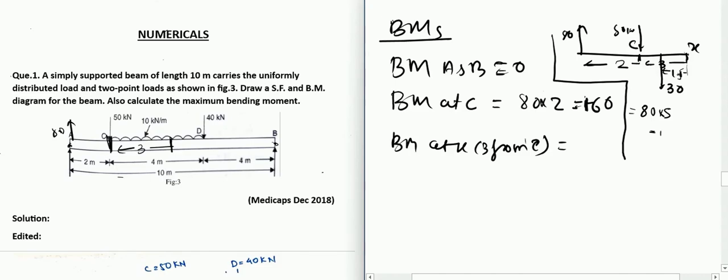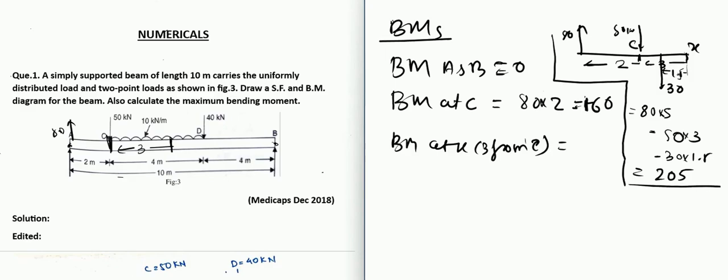That is why it is negative. And also we have a 30 into 1.5 in the anti-clockwise direction. That comes out to be 205. You can verify this. It comes out to be 205.